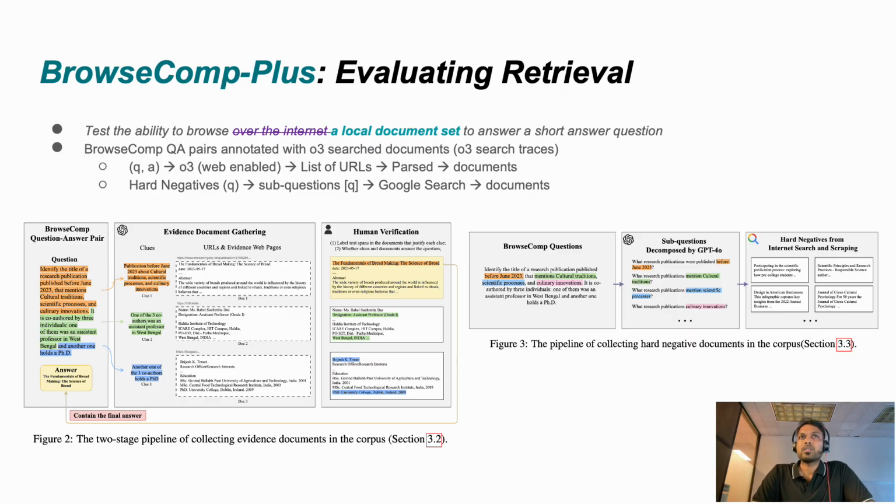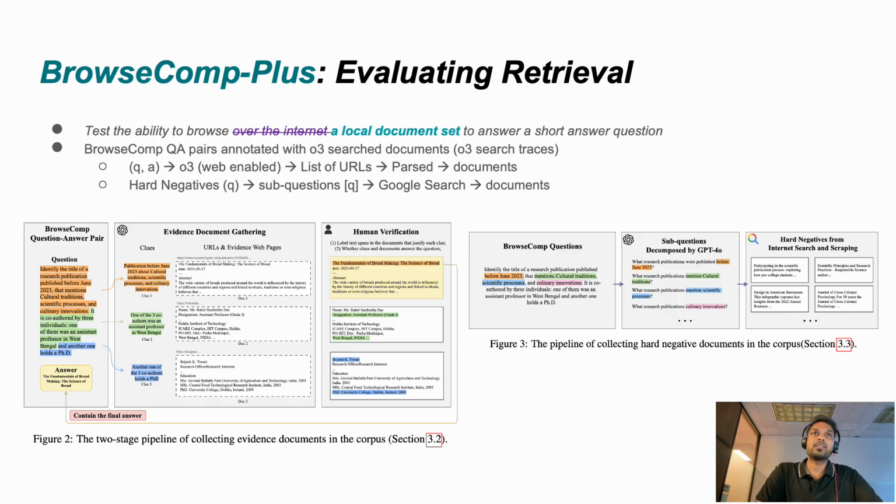So some authors came up with another benchmark with retrieved documents which would stay in your local system, BrowseComp-Plus. So basically it's a retrieval benchmark just like MS MARCO, TREC and other popular retrieval benchmarks.